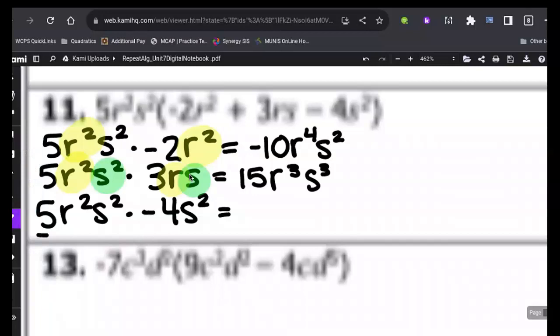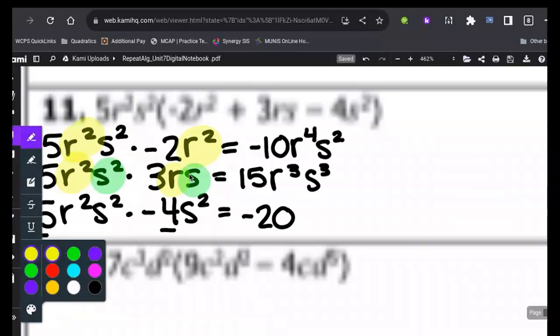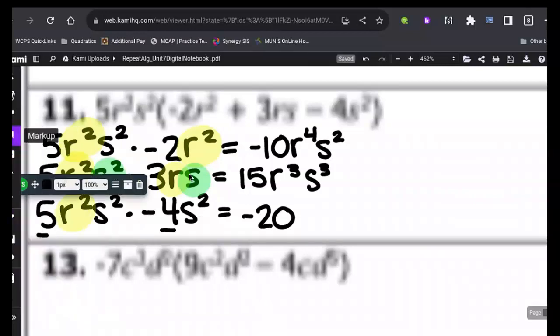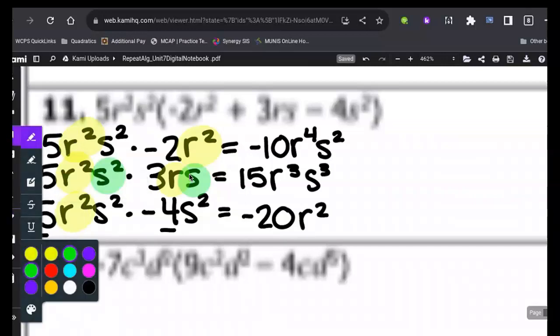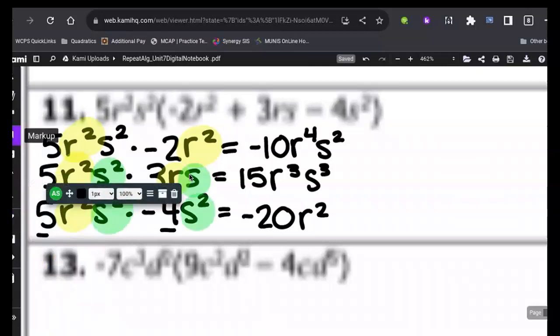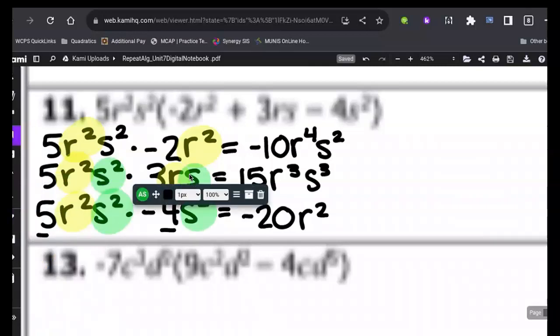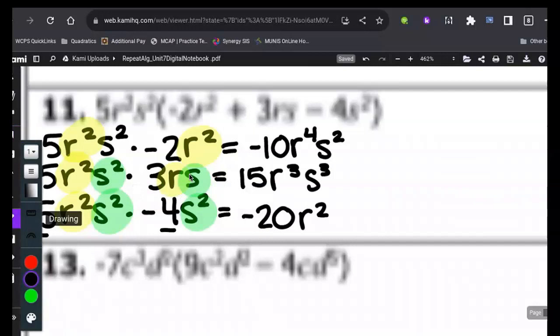Then we got to do 5 times -4, which is -20. Then I'm going to add the r's together, which there's not anything to add with that r, so we're going to keep it as r to the second power. And then I'm going to add any of my s's together. So I have s to the second power and s to the second power.